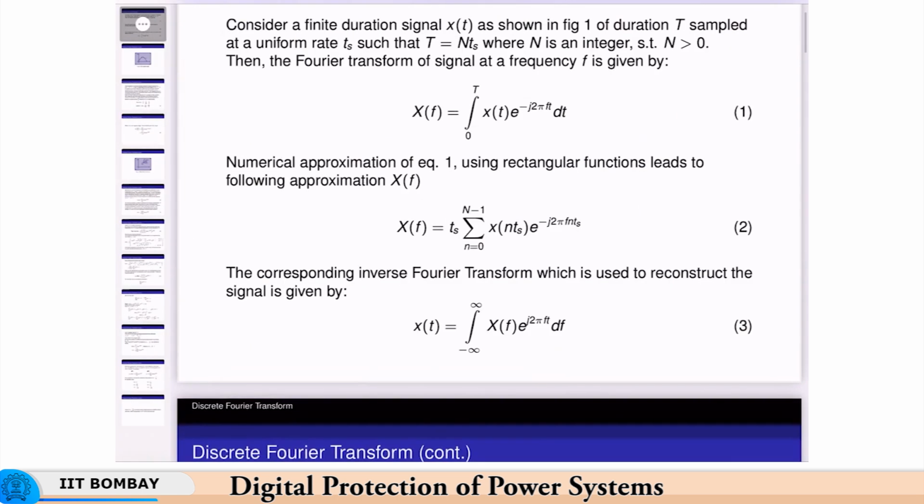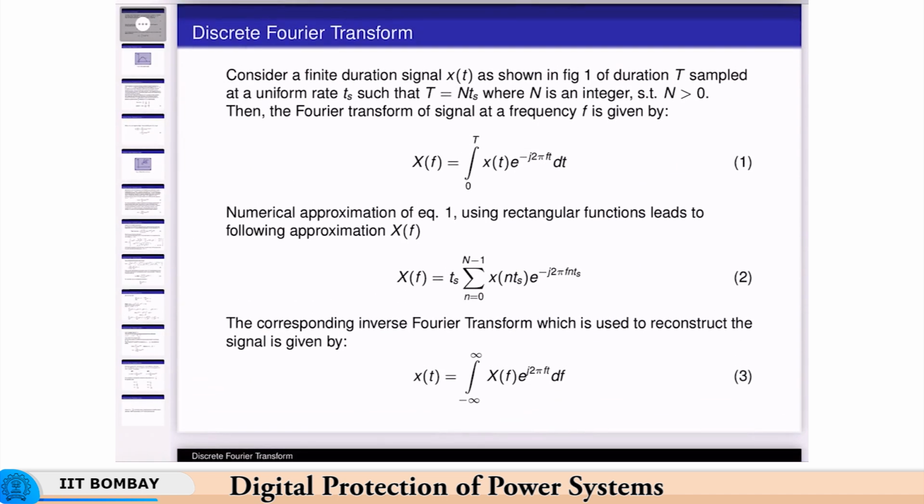The motivation of course comes from the equation number 3 that is mentioned here, but which is an inverse Fourier transform in the continuous domain. The motivation for the inverse DFT comes, as we saw in the DFT also, from the continuous domain transforms, but this is a standalone transform in the discrete domain.